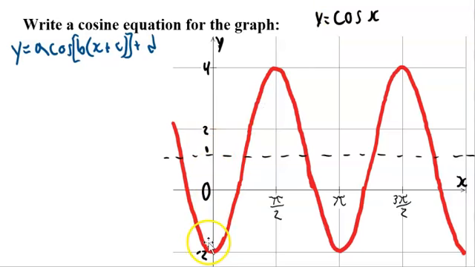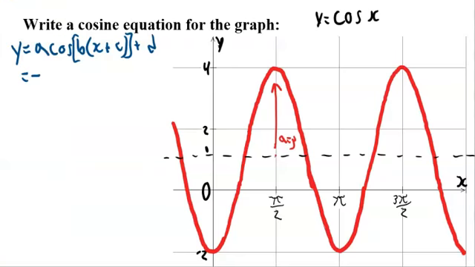But here it's flipped, it's upside down. So that means we have a negative here. The amplitude is the height from the middle line, so a equals 3, so it's -3.